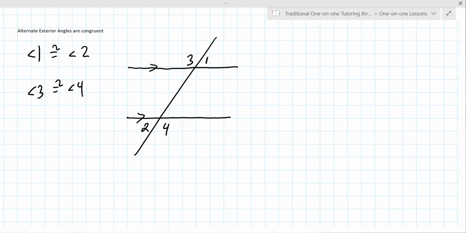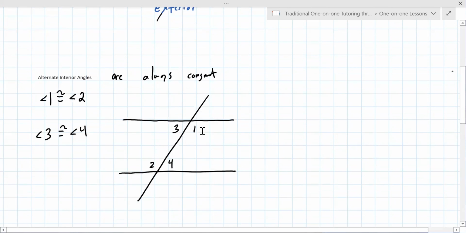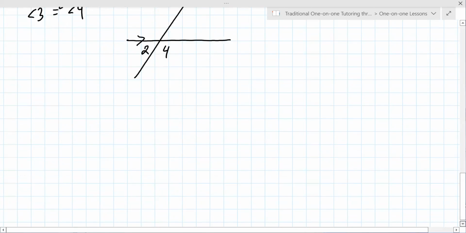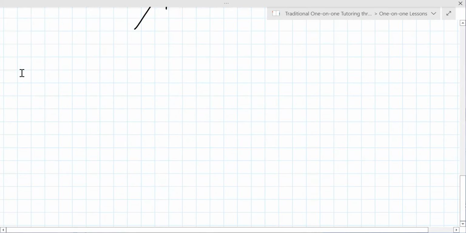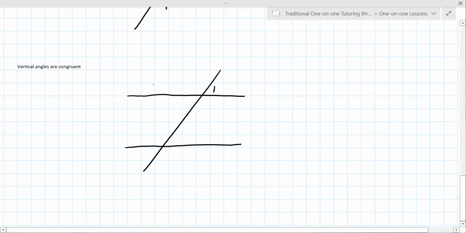Okay, so far of the three types that I've told you, actually there's one more we need to bring up. So let's do this one. Vertical angles are congruent. Everything we've talked about today are congruences, and that's really important because after this, we're going to talk about things that add up. Angle 1 and angle 2 are considered vertical angles, and they are congruent.